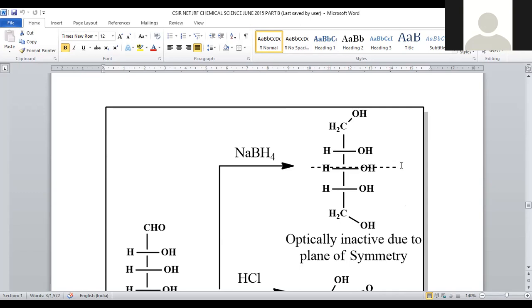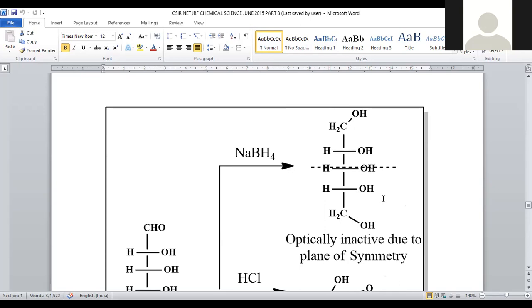We can put a horizontal plane in this molecule. When an imaginary horizontal plane bisects the molecule into exactly equal halves, that is said to be a plane of symmetry. So in this molecule, this hypothetical line will cleave the molecule into 2 exact halves. That's why we can say the molecule has a plane of symmetry.